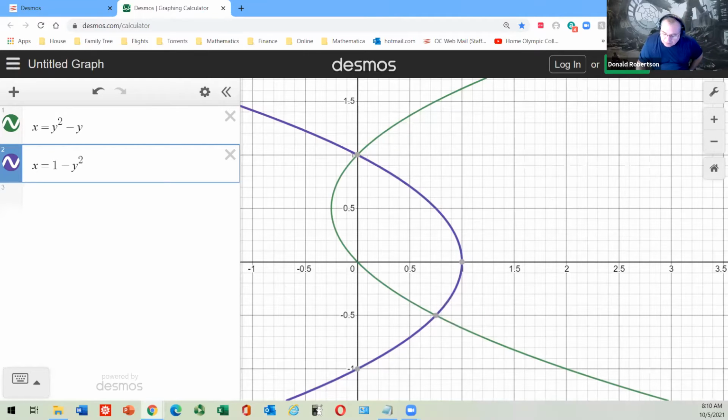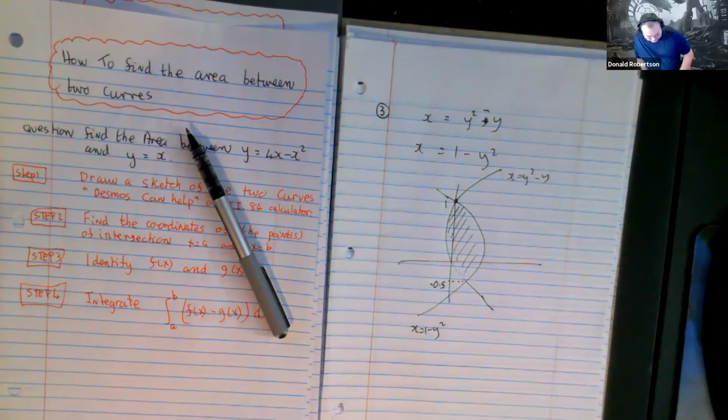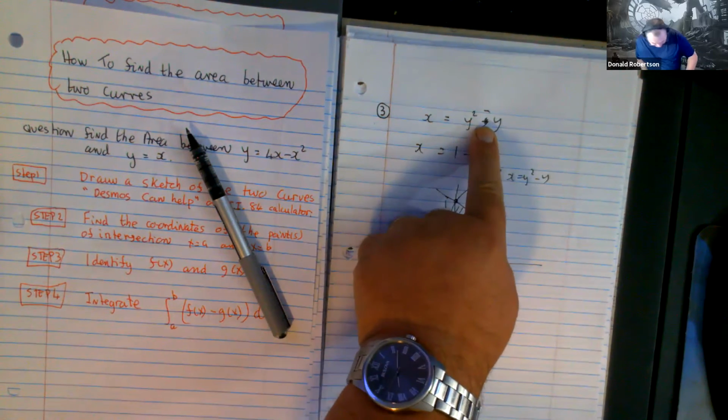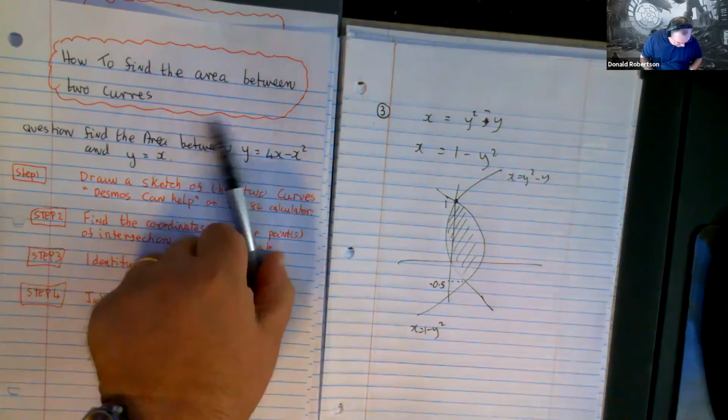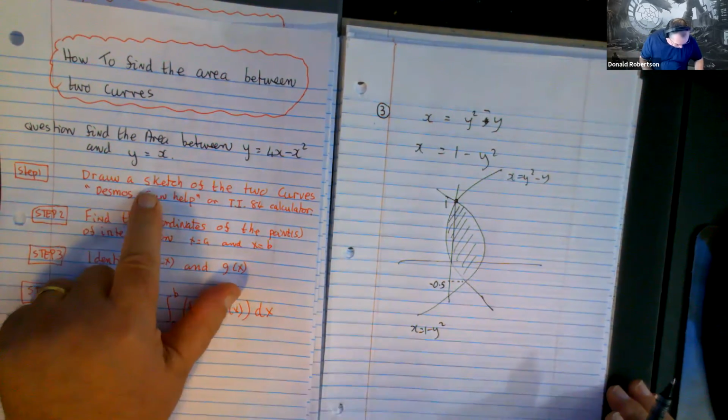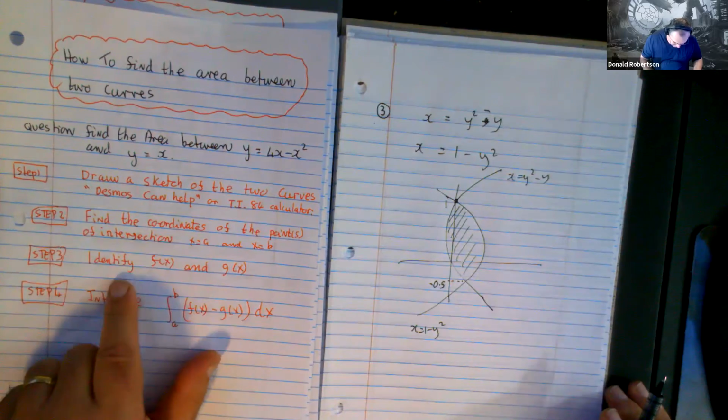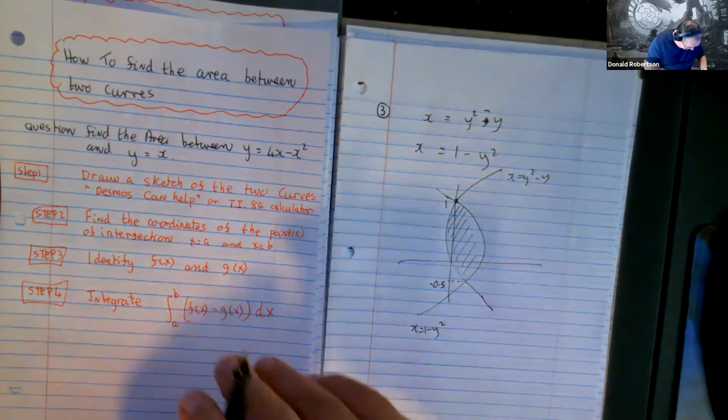Okay, now let's get back to what our working would look like. So I had two functions, I put them into Desmos, and I found out that they look like these two guys. That's now a y squared minus y. This is 1, and this is -0.5. We're basically finished with step 1 and 2. Now, identify the f and the g.